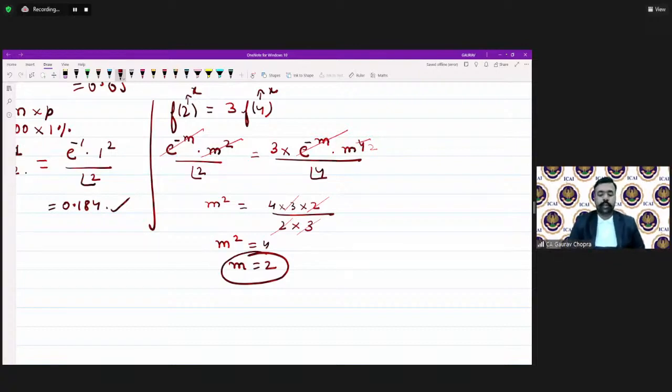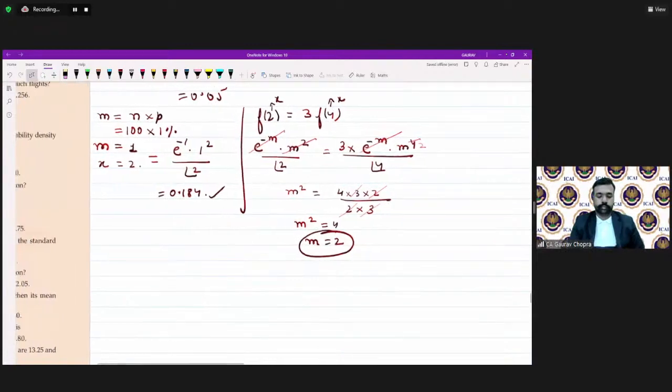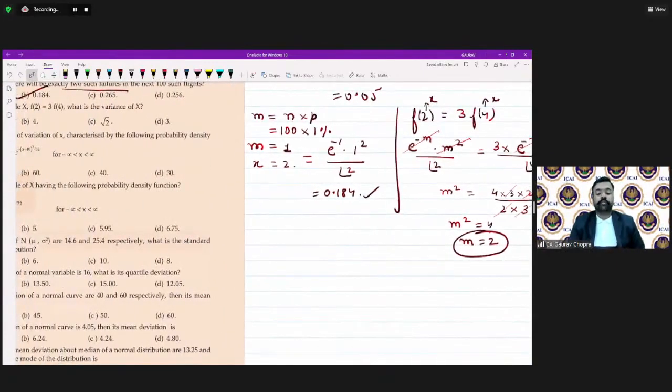So m is equal to 2. And what is required in the question? Variance.